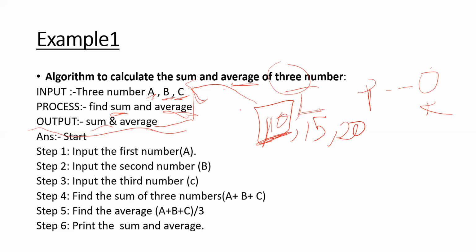So first, how do you write the steps? The first thing you write for the algorithm is Start. Then Step 1, Step 2, Step 3, like this we have to write. So first what you have to do: input the first number. Input is the word that you have to follow. Input means the user has to give the data for the problem from the keyboard.